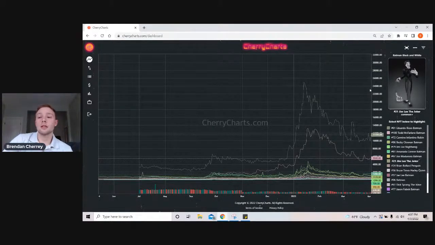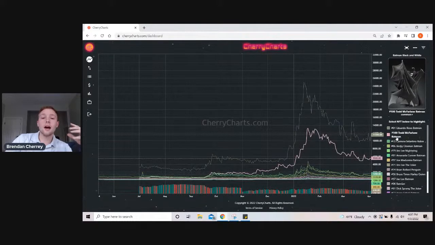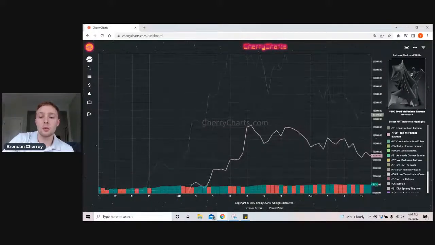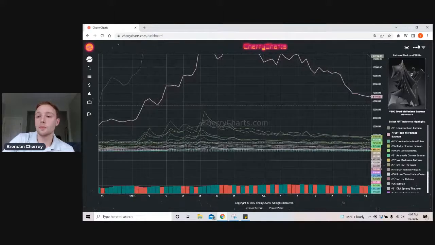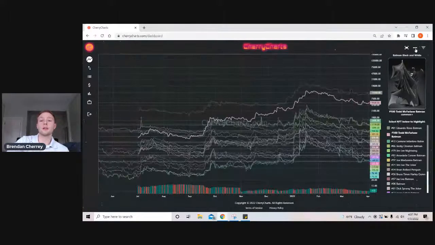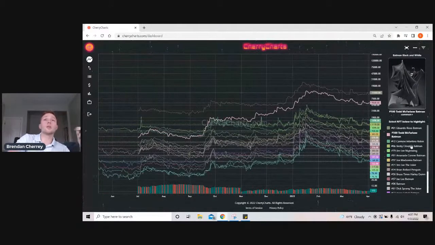Another thing, like I said, linear versus logarithmic, sometimes it's really helpful to see in terms of scale that Rizzo and Todd really are far beyond what the other ones are. But it's really challenging to look at some of these smaller things. You can scroll, as you can see, and it's a little bit more challenging to take a look here. So the other thing we have here is, right here, these 3 dots, you can go ahead and click that. And this is going to change it to a logarithmic view.